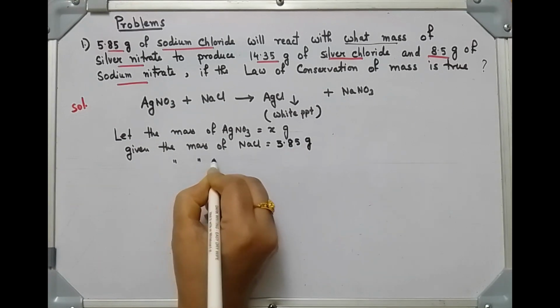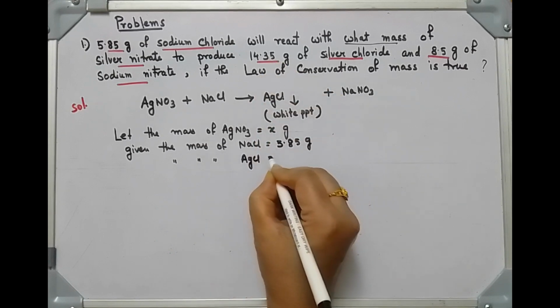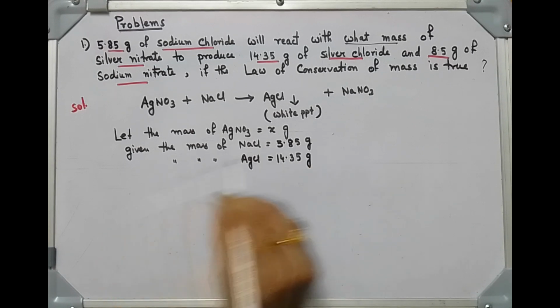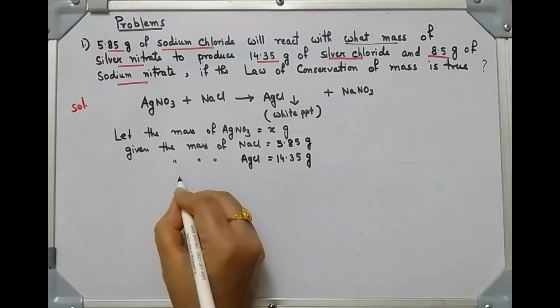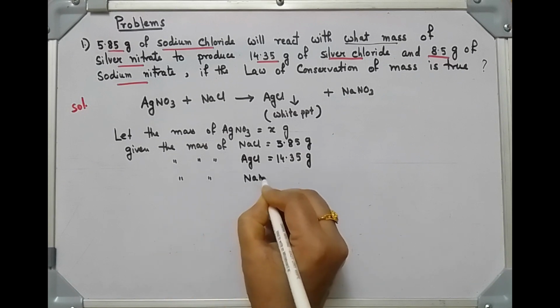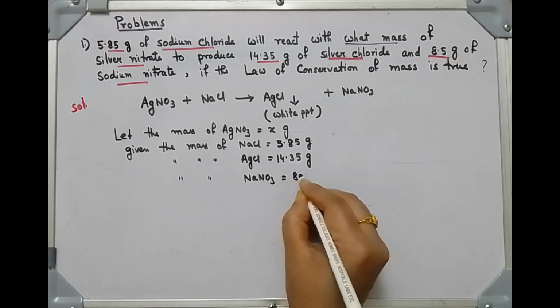The mass of AgCl is 14.35 grams and the mass of sodium nitrate is equal to 8.5 grams.